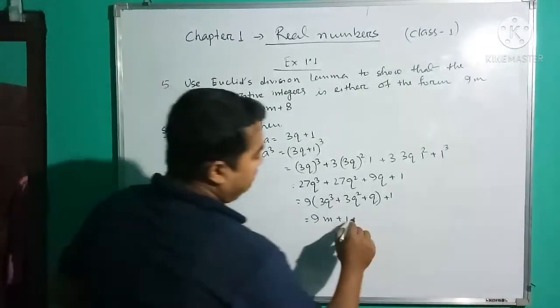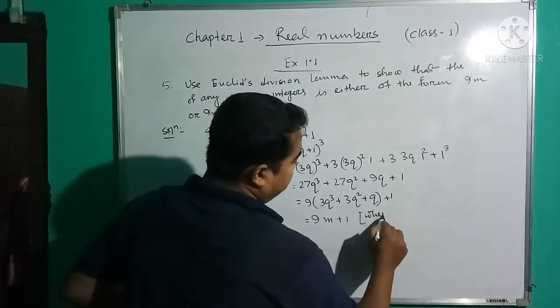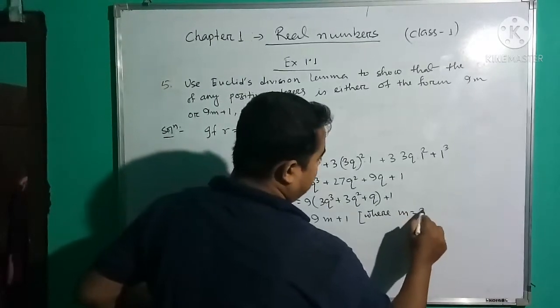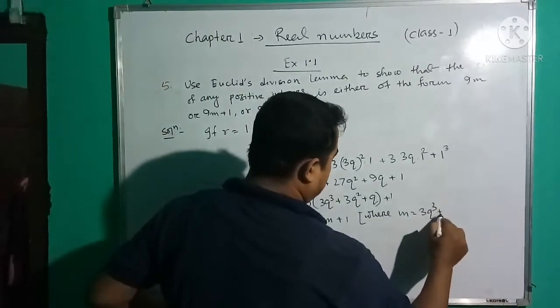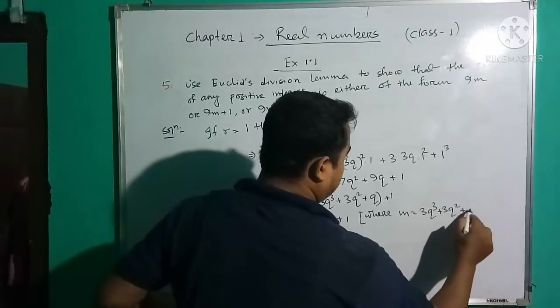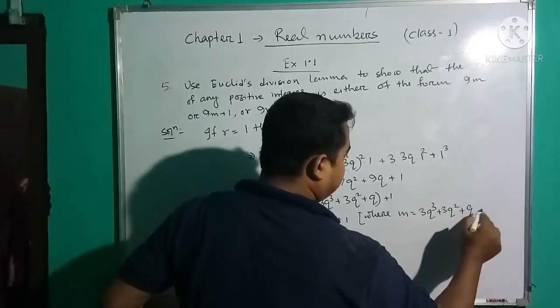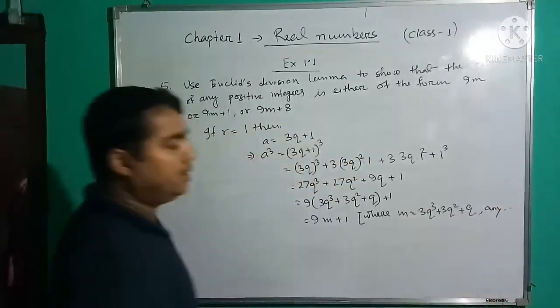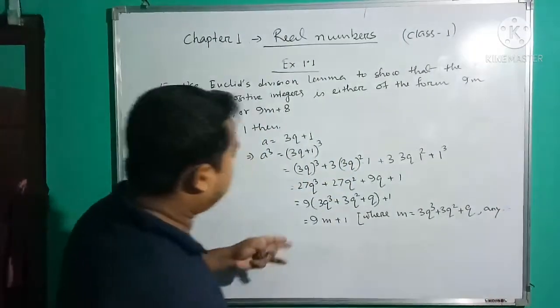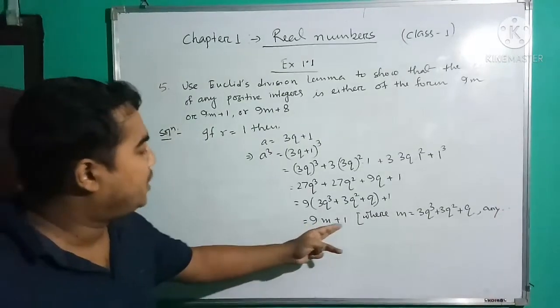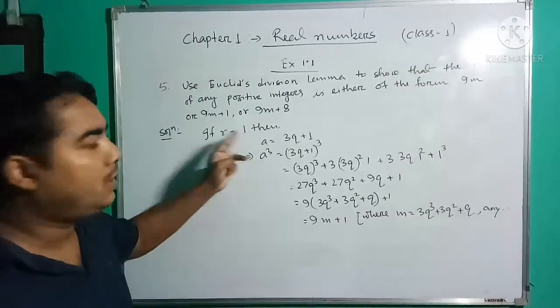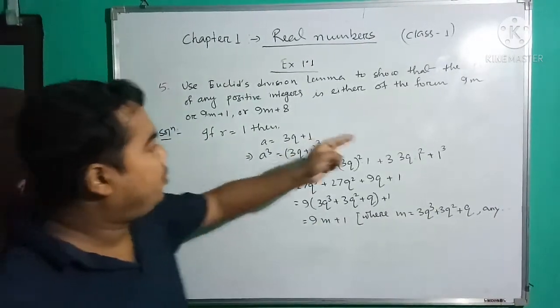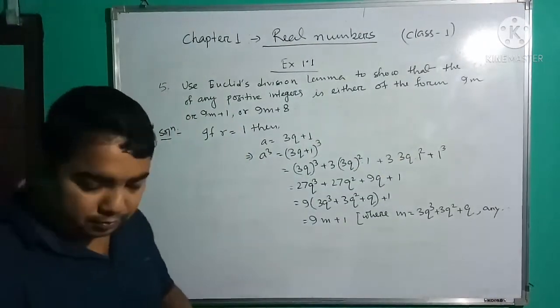Okay, then see where m equal 3q cube plus 3q square plus q, any integer. Okay, we got the second form 9m plus 1 for r equal 1. Next step for r equal 2.